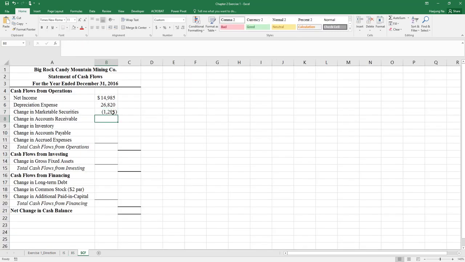This will be the change in marketable securities amount that affected the cash flows. So how do we interpret this value? Because marketable securities increased by this amount, cash flow actually had to decrease by the same amount as well. That's how we would interpret this amount.